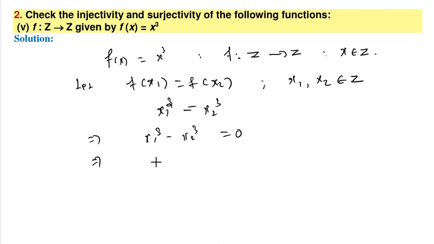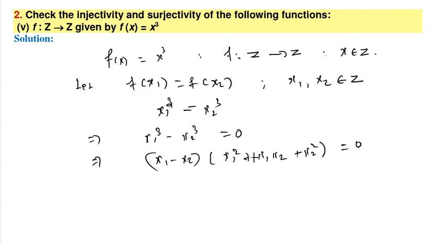On further factorization, x1 minus x2 times x1 square plus x1 x2 plus x2 square is equal to 0.